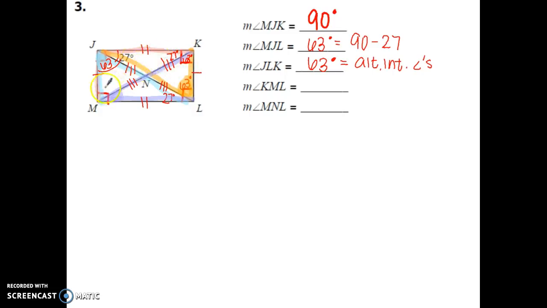So I know this is going to be 63, not only because it is matching with this other half of the angle, but because it's alternate interior to this one. So that, of course, means 27. So going again, 2 27s, 2 63s, 2 27s, 2 63s. So for that, KML will be 27 degrees.